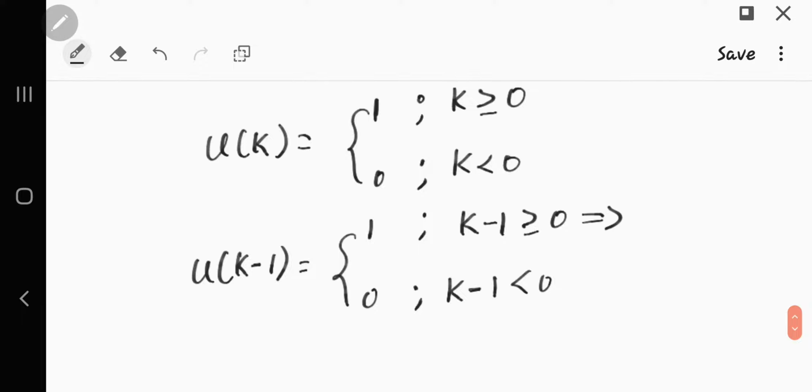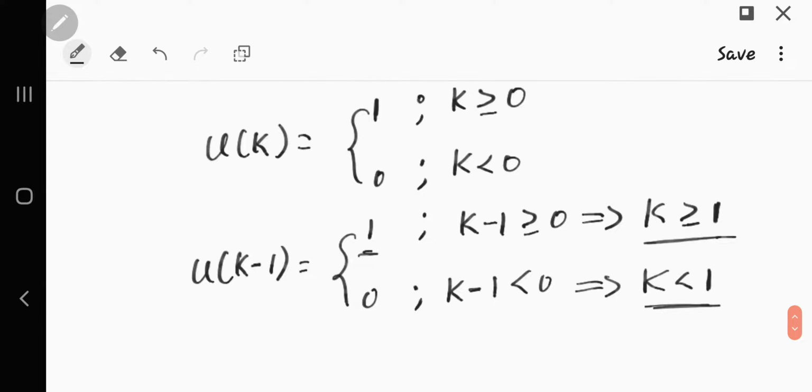Simplifying further, moving the 1 across, we get k greater than or equal to 1, and k less than 1. So u of k minus 1 is 1 for values of k greater than or equal to 1, and 0 for values of k less than 1.